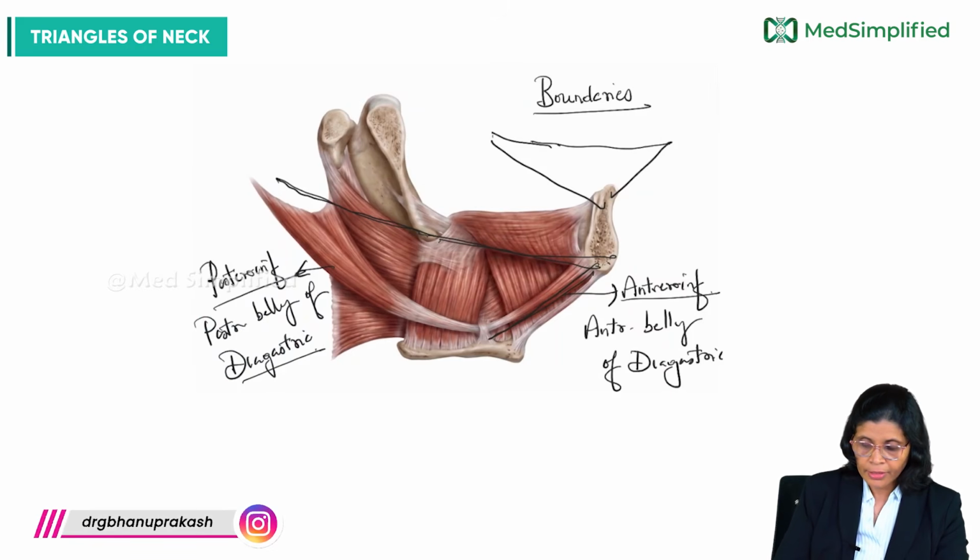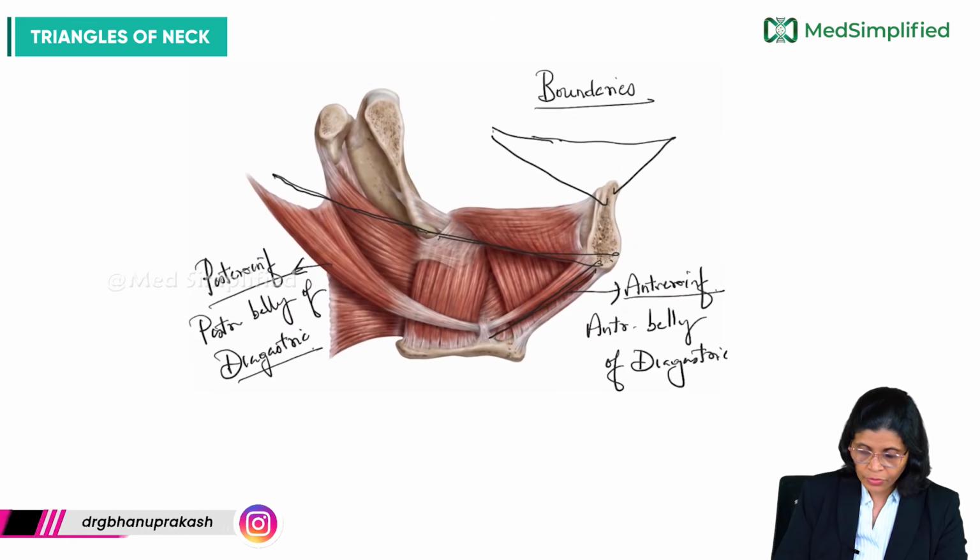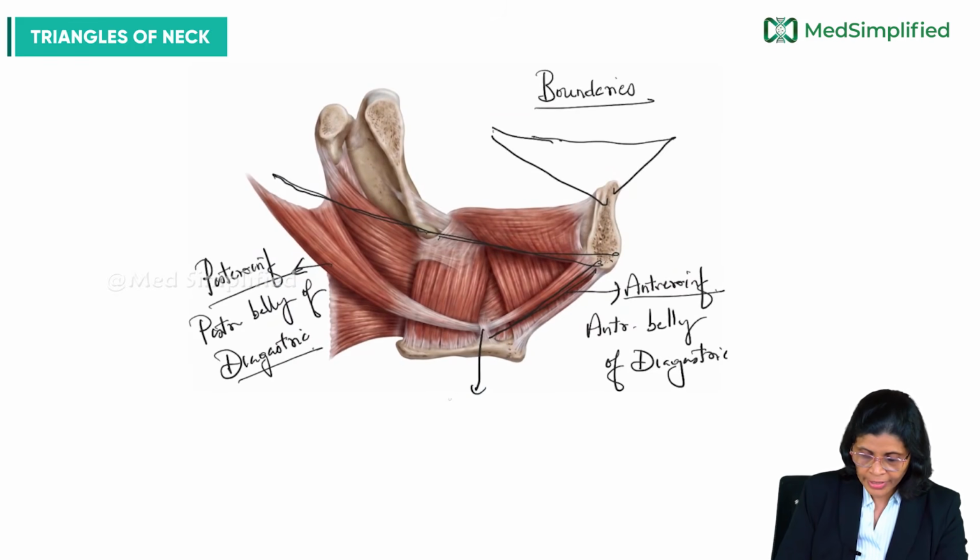Okay. So, apex. So, apex here it is formed by the intermediate tendon of the digastric muscle.